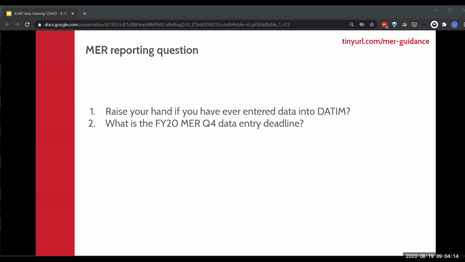Six participants have raised hands so far. All right. Do we have any responses to when the Q4 data deadline is? October 14th, November 6th, November 13th, November 6th, but closes on November 13th, 13th November, 6th November, November 15th, another November 15th, and October 15th.